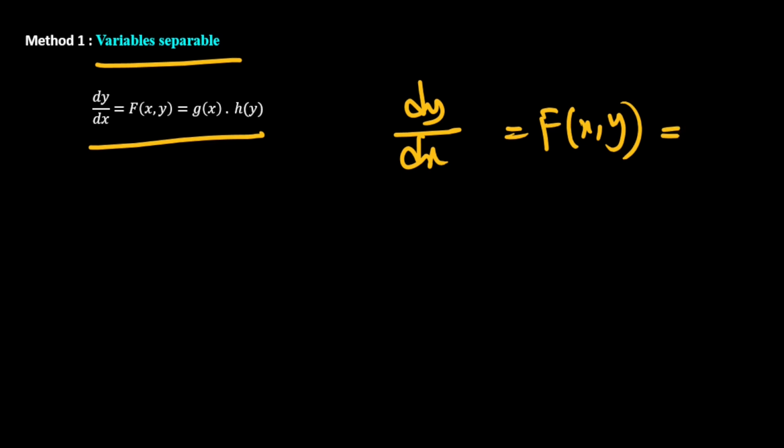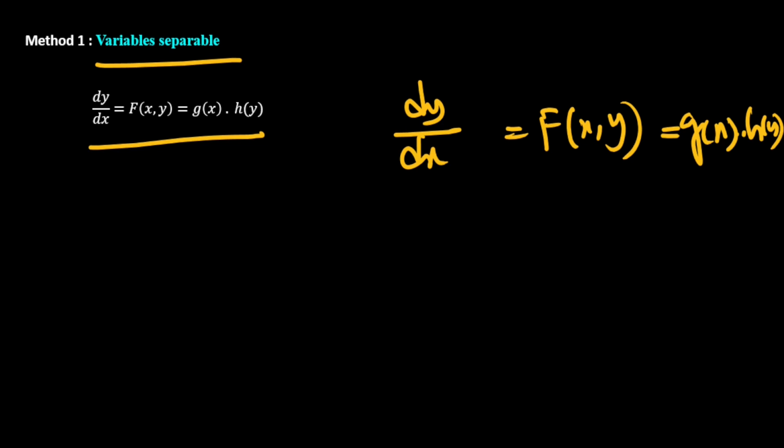If the right hand side we can write as g(x) multiplied by h(y), then we apply the method of separation of variables. As the name suggests, this method works by separating all the terms involving x onto one side of the equation and all the terms involving y onto the other side.